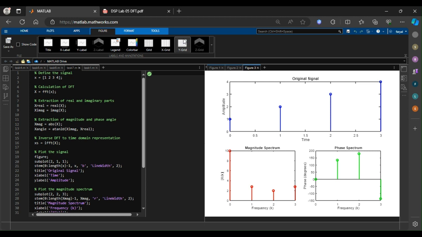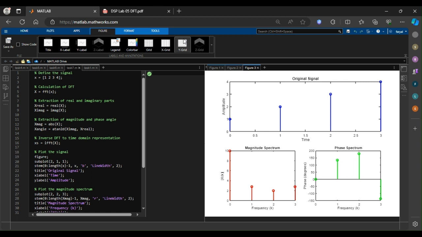And here we have calculated the magnitude spectrum and phase spectrum too. So it basically defines an arbitrary signal x, and it calculates the discrete Fourier transform of signal x using the FFT function, obtaining the frequency spectrum.